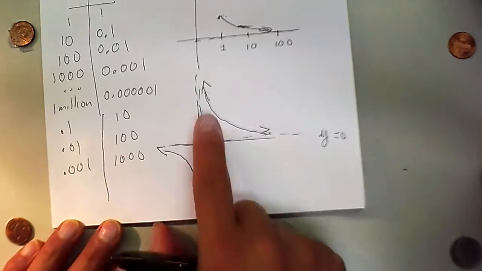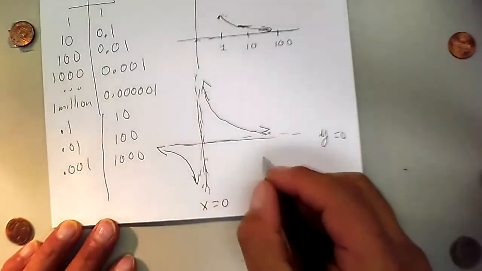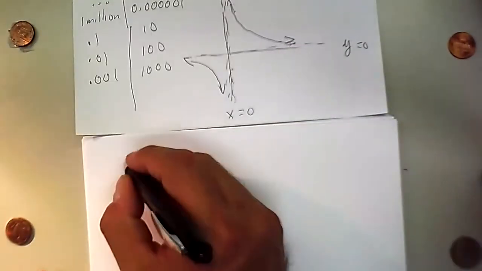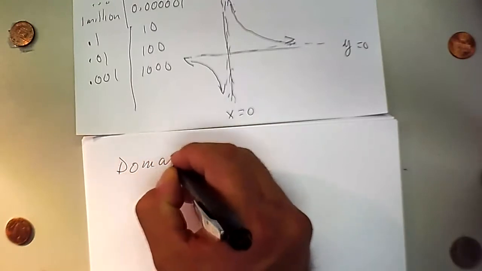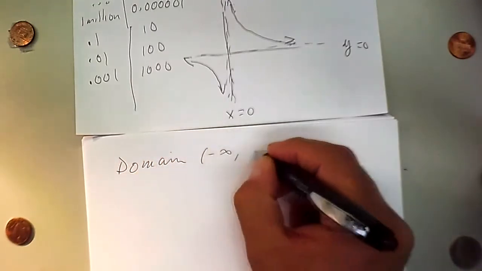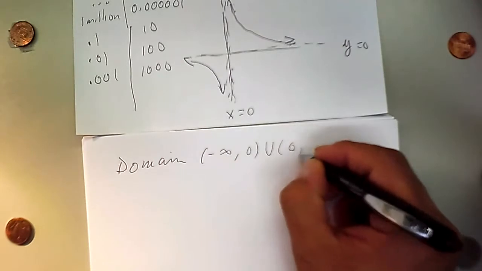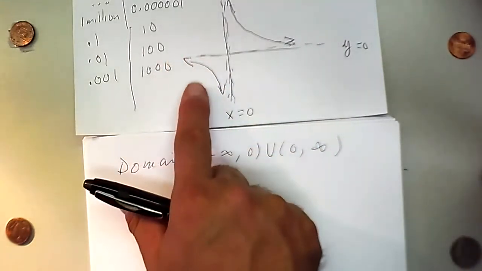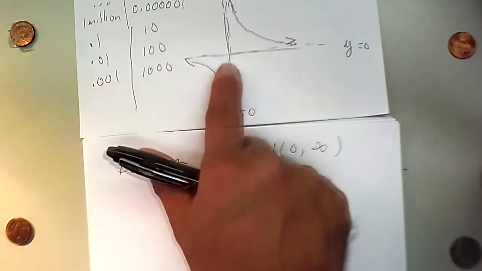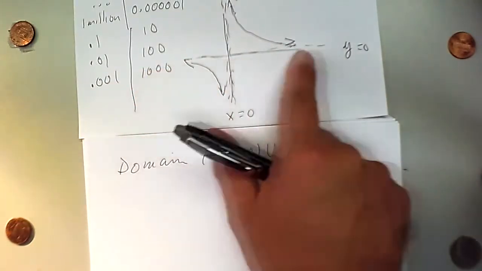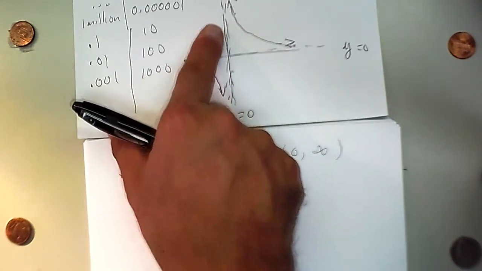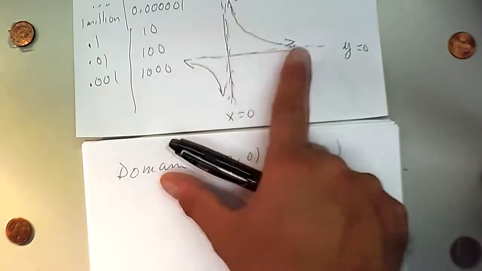We know that the domain cannot include 0. So let me continue with the analysis of this function. The domain goes from -infinity to 0, union 0 to infinity. So we're excluding 0. And after looking at the picture and doing this table and realizing that we have a horizontal asymptote here, we realize that the range is also all the numbers except 0.